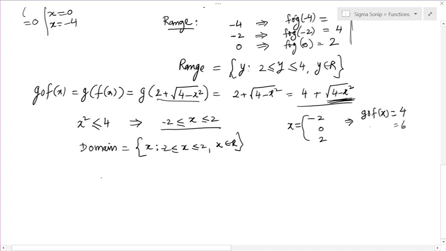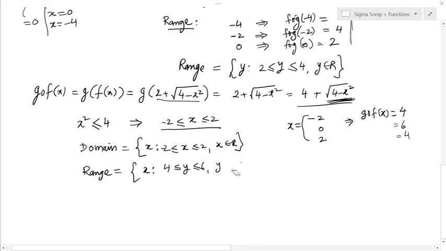And you put 2 here, again this thing becomes 0, so you get a 4. And that gives you the range: y such that 4 is less than or equal to y less than or equal to 6, and y is a real number. And that's where we stop.